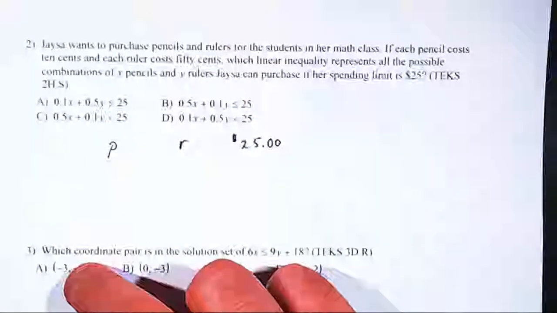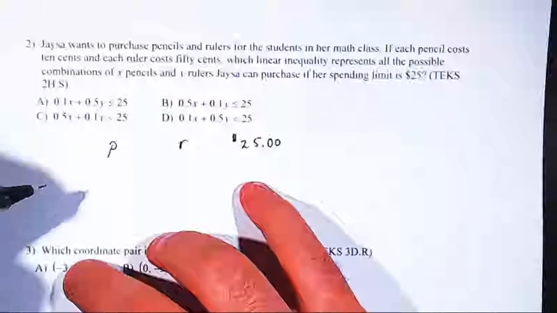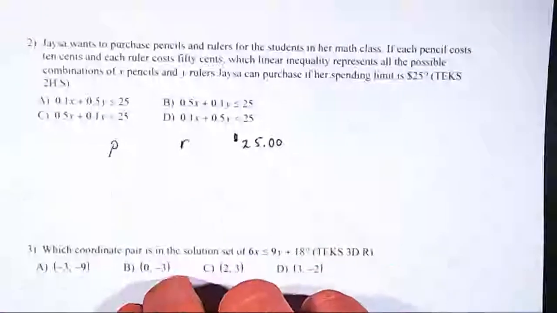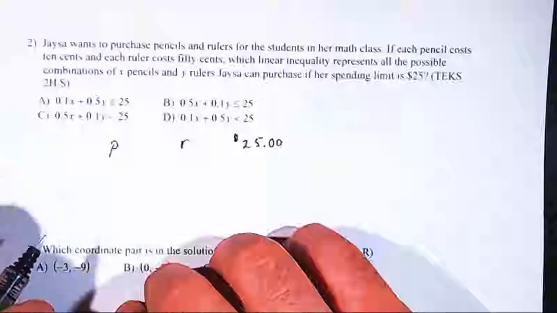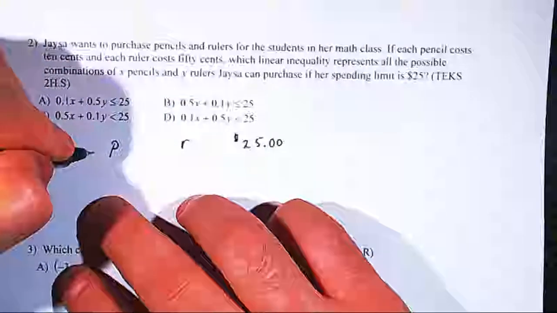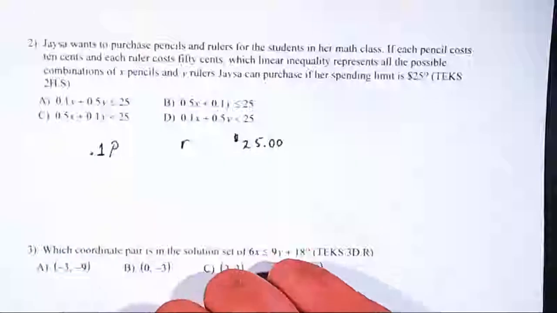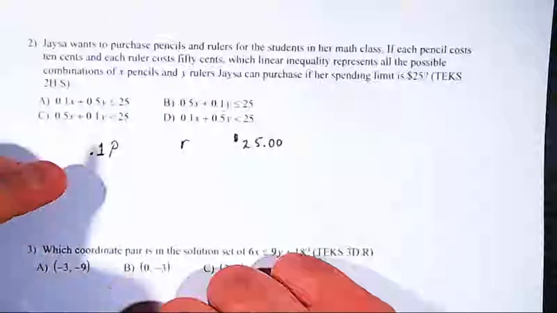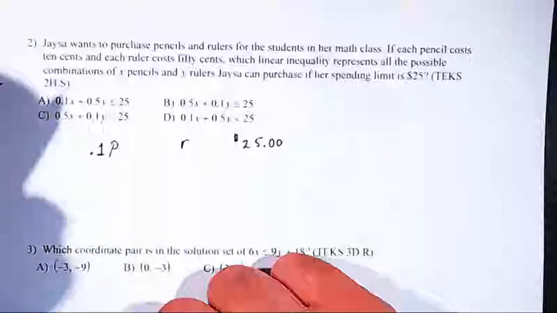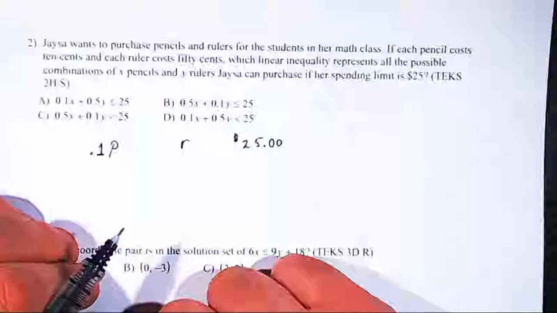We're talking about money here, guys. So when we say that something costs 10 cents in terms of dollars, we need to represent 10 cents as 1/10 of a dollar. And that's why we say 0.1. That's where that's coming from. That's a dime. If you have 10 of those, you have a dollar. So 0.1 P, because each pencil costs 10 cents.